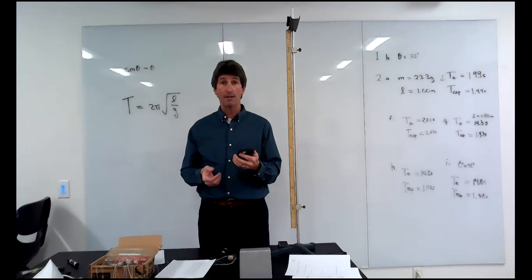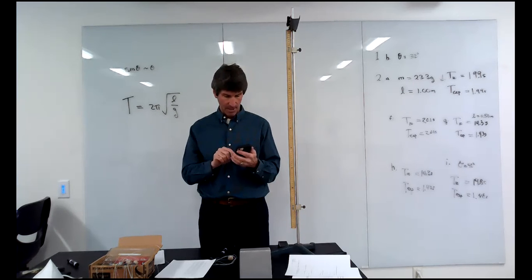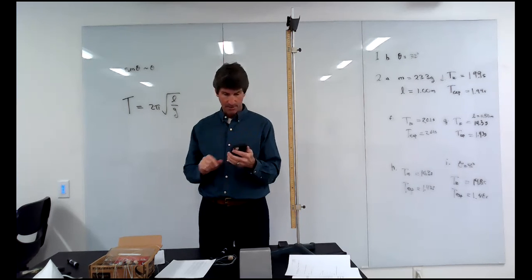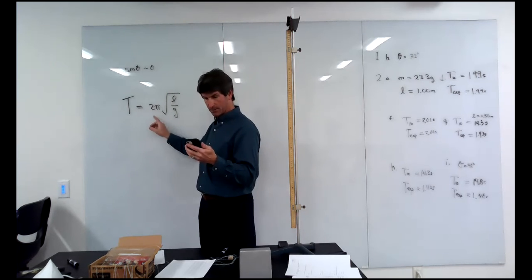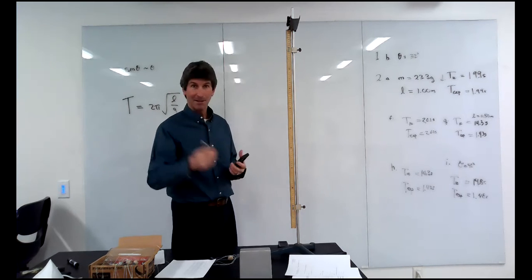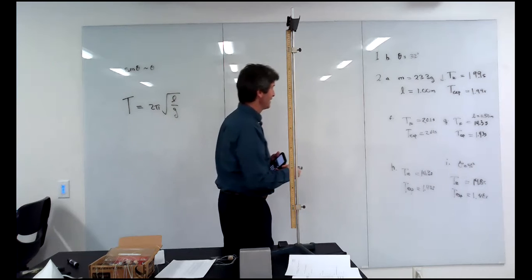Okay, square root of that is 0.22587. I multiply that by pi, 3.14159. Multiply that by 2. That'll give 2 times this. And here is the theoretical value.